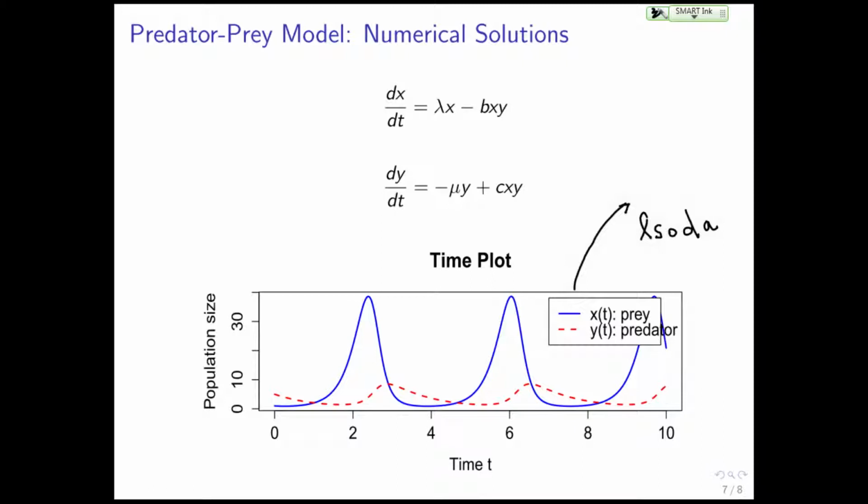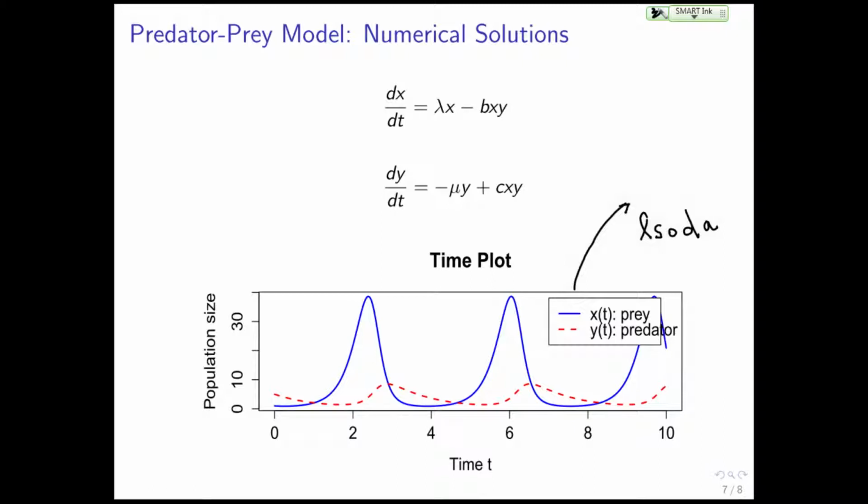this graph. What this is telling us is that here we have in blue the number of prey. Let's remember that these are differential equations. The solution of the differential equation is a function of time. In this case, the state variable vector stores x of t and y of t.